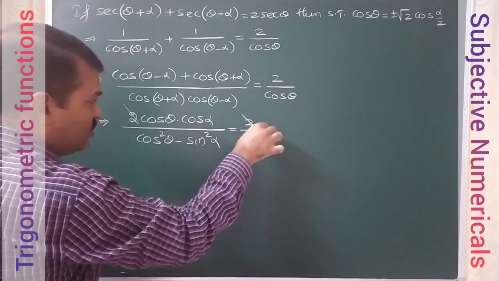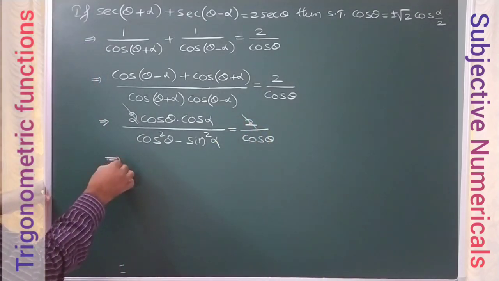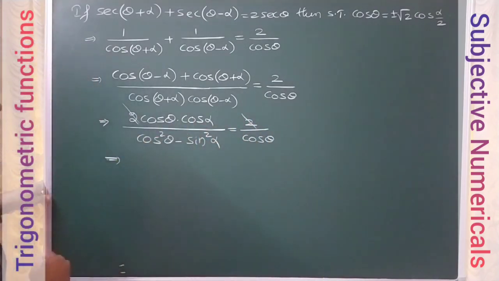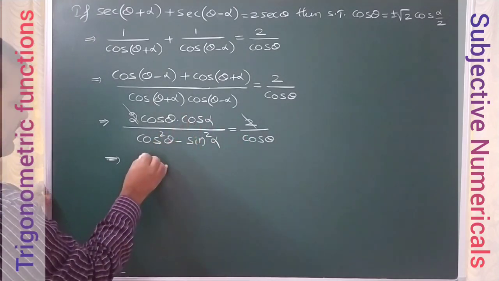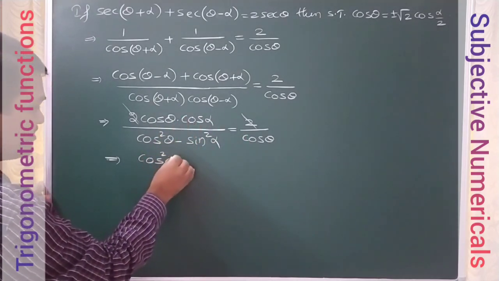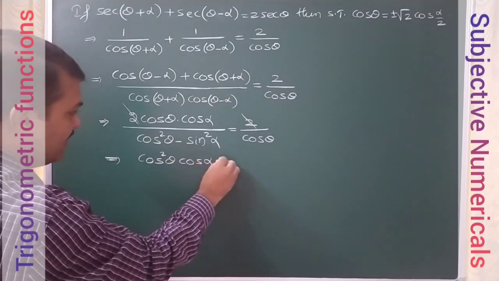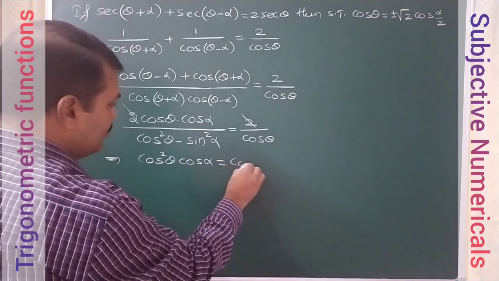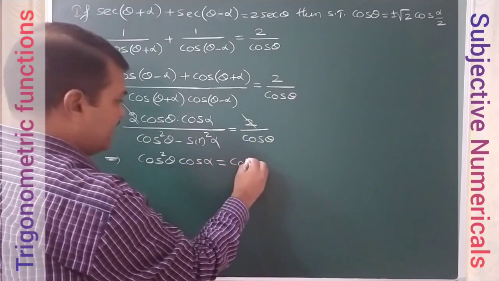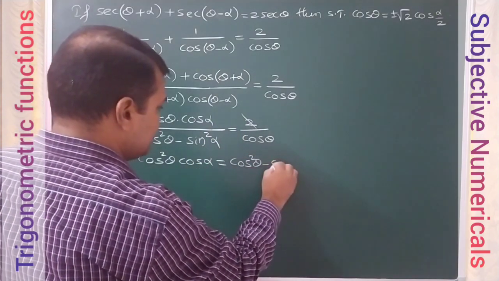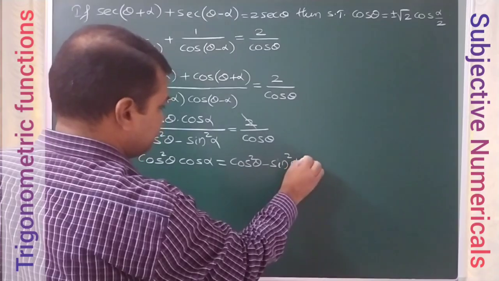Now cancel 2 and 2 and cross multiply this denominator. So cos theta into cos theta cos alpha, so cos square theta cos alpha is equal to, cross multiplying, cos square theta minus sin square alpha.